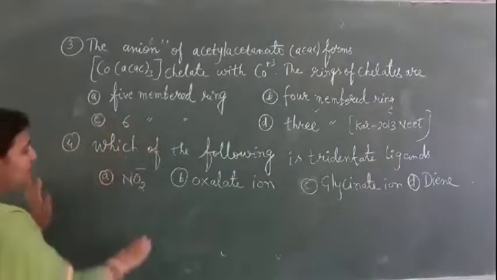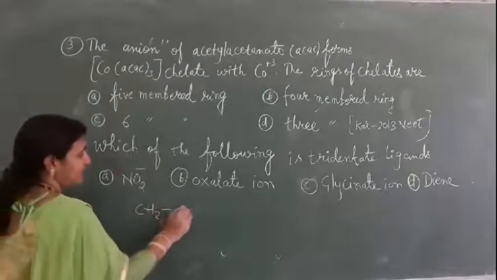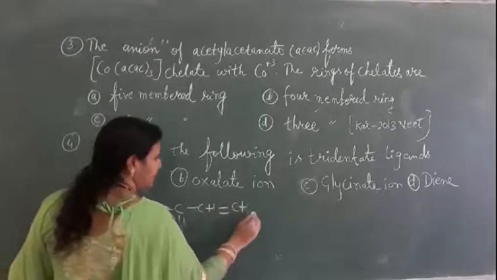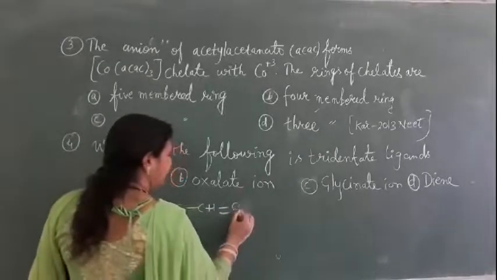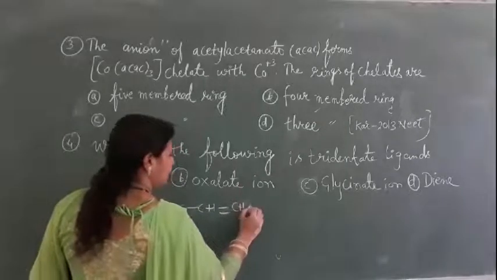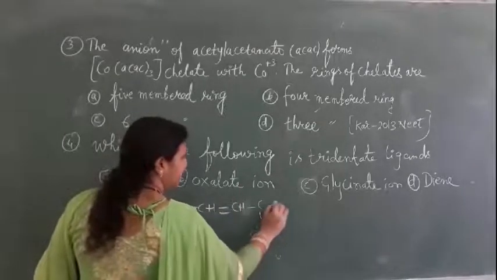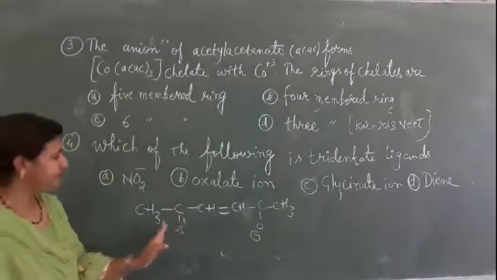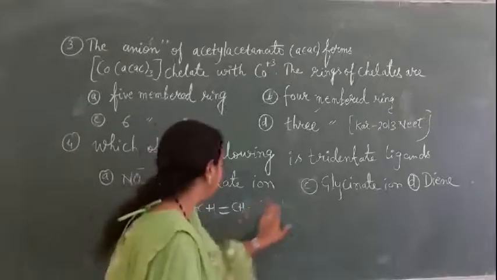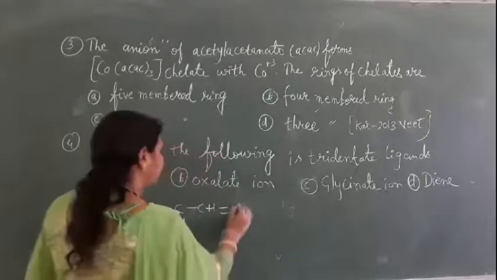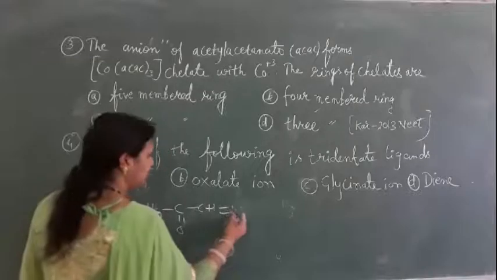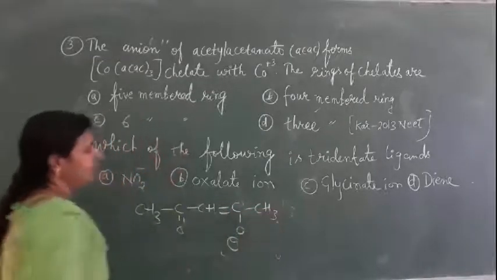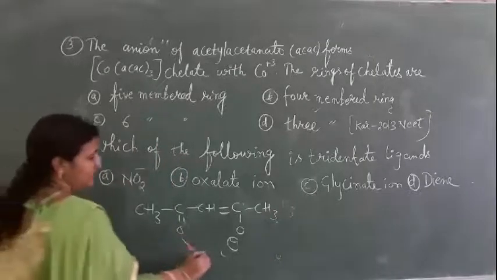As we know, acetylacetonato is CH3, C double bond O, CH double bond CH, and here we have C, O minus, CH3. This is acetylacetonato. So how many-membered ring will form here?